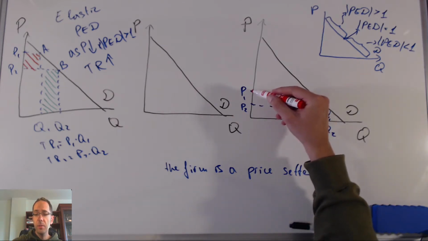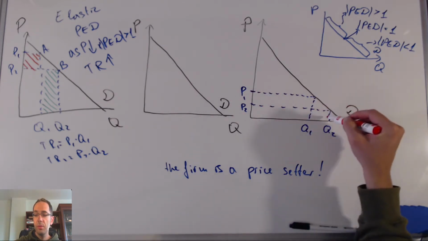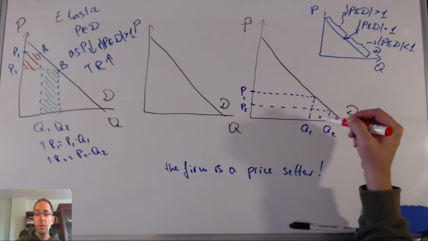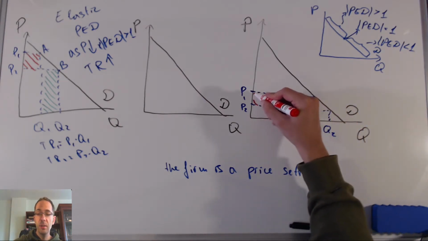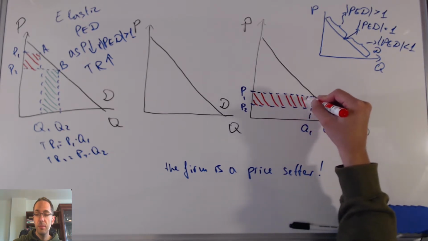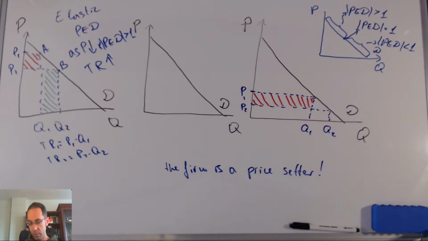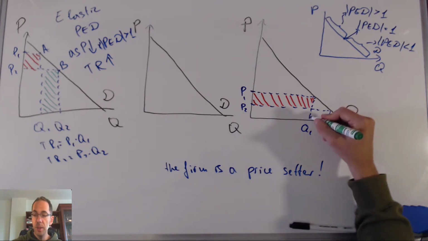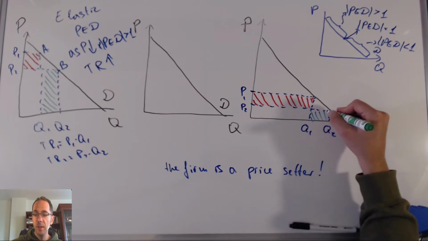By lowering the price from P1 to P2 and examining the total revenue boxes, we can see that we will lose this red area. And we can gain this green area.